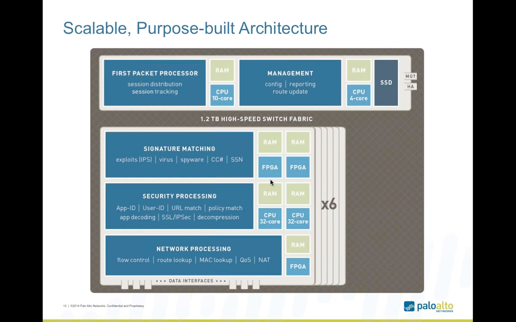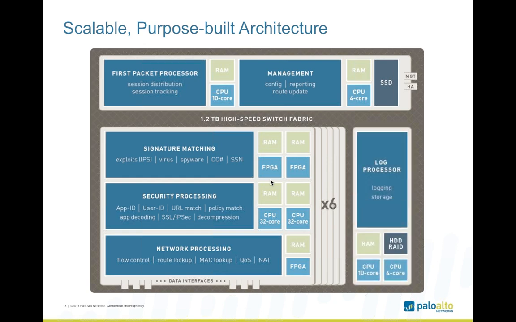The management blade is the one that does the load sharing between these cards. The management card, the first packet processor, will determine which one of the NPCs will handle that specific flow. And the configuration and all the relevant changes that you make to the policy will be applied again by the management card on the same blade.